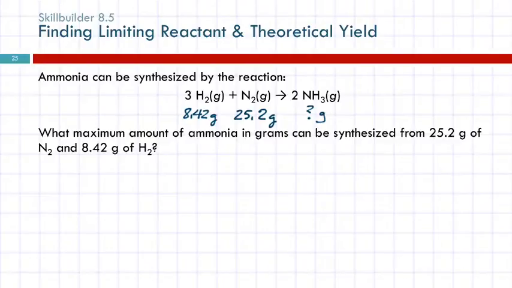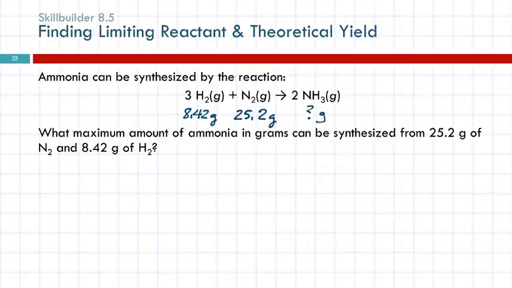Why does it say maximum? If I do this calculation and find this yield, does that guarantee that that's how much I could make from these starting amounts? No, because reactions aren't perfect. Just like making pancakes, you don't always get the number that you thought you should.